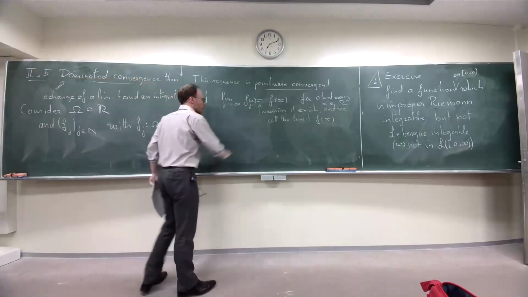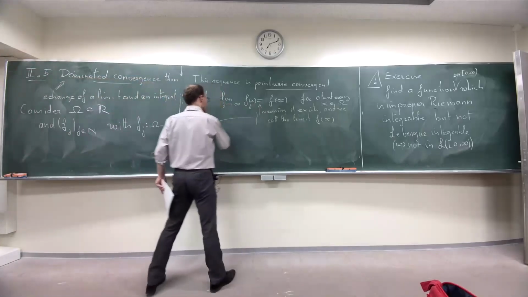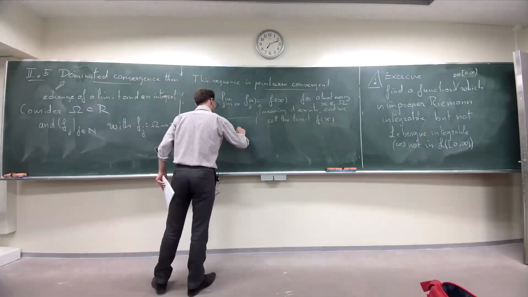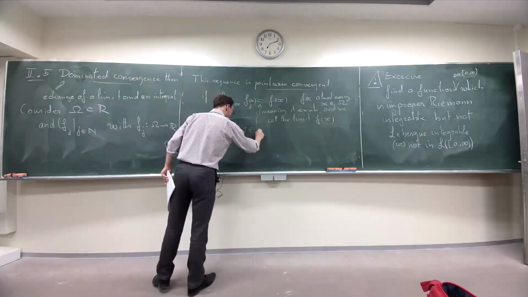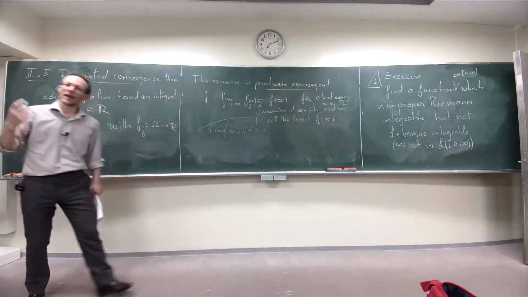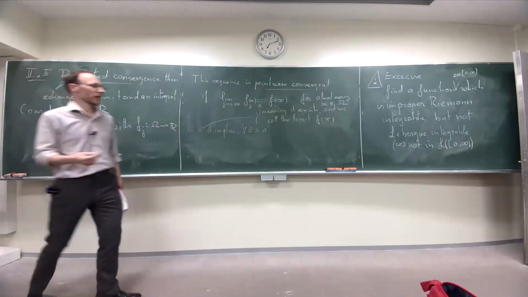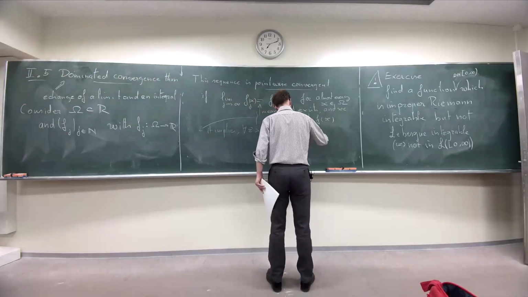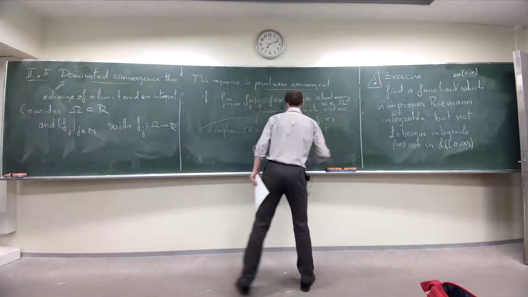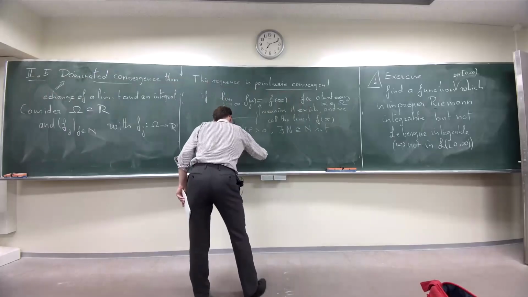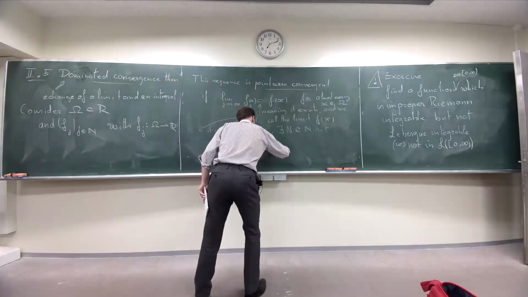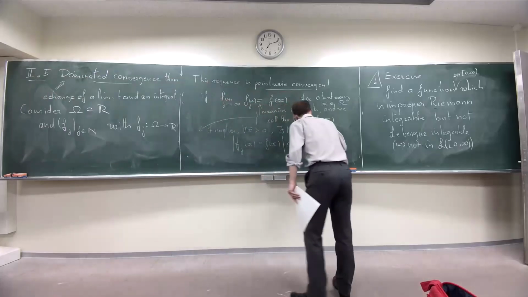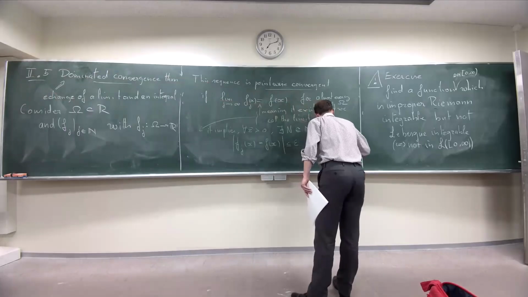And if you remember the notion of limit, it implies that for any epsilon bigger than 0, there exists an N, a natural number, such that the difference between f_j(x) and f(x) is smaller than epsilon for all j bigger than N, right?